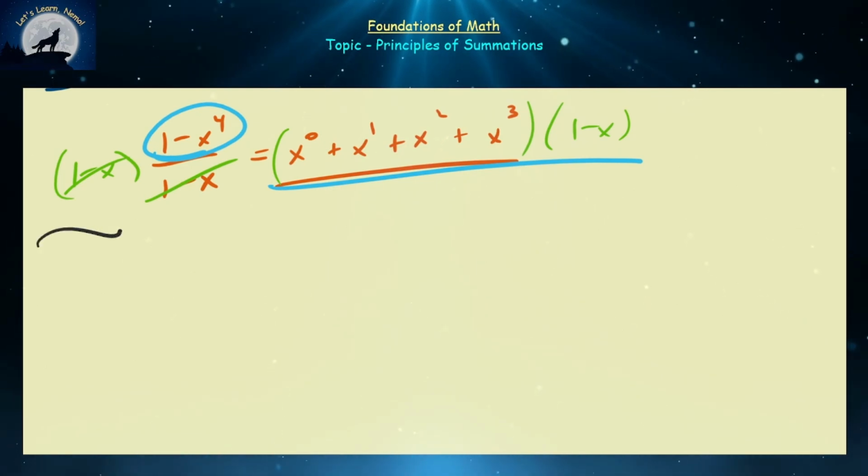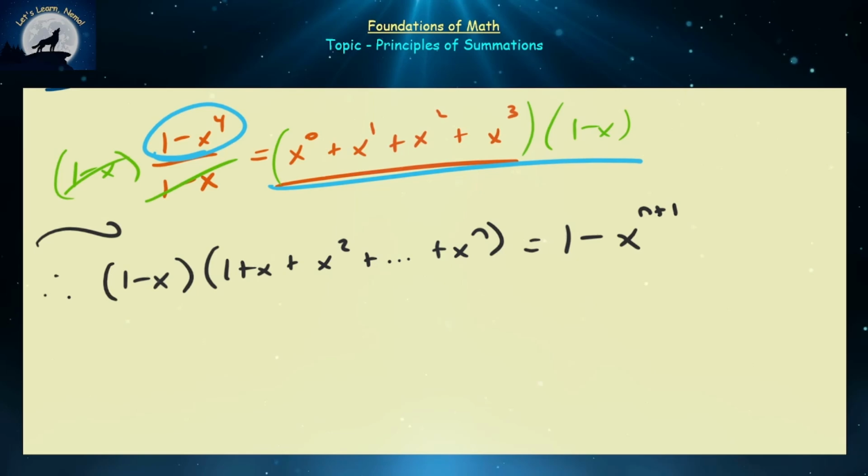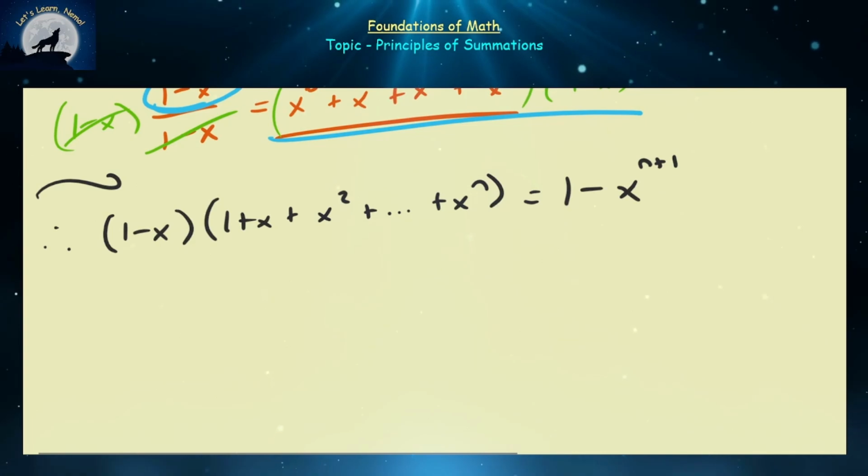So in the general case, 1 minus x times 1 plus x plus x squared all the way down to x to the power of n will be equal to 1 minus x to the power of n plus 1. If you were to distribute that and combine like terms, you will get this particular expression. And of course, I can rearrange this if I want. So this is one formulation that would be useful to you.